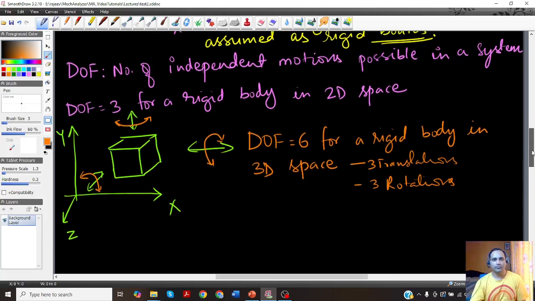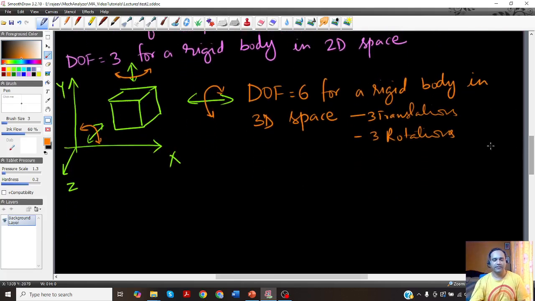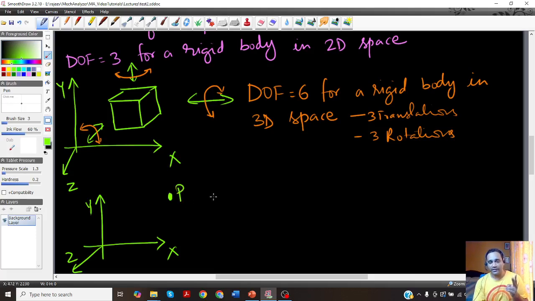Now, you may be wondering why we went ahead with a rigid body in 3D and not a point in 3D. Okay, let's do that also. If I have a point P with coordinates X, Y, Z, there are 2 ways of looking at degree of freedom now. One is how many coordinates are required to represent that point.